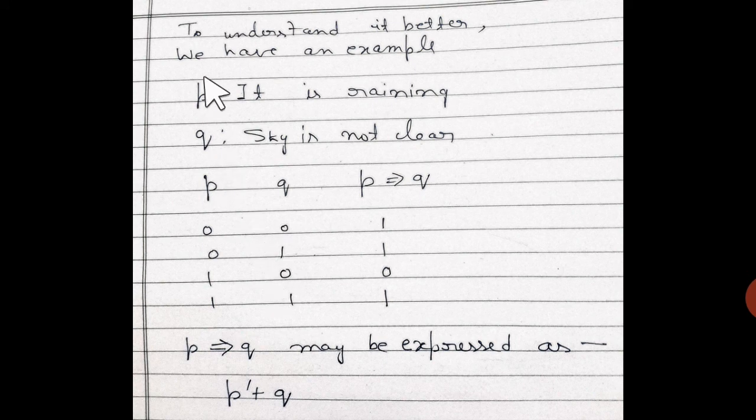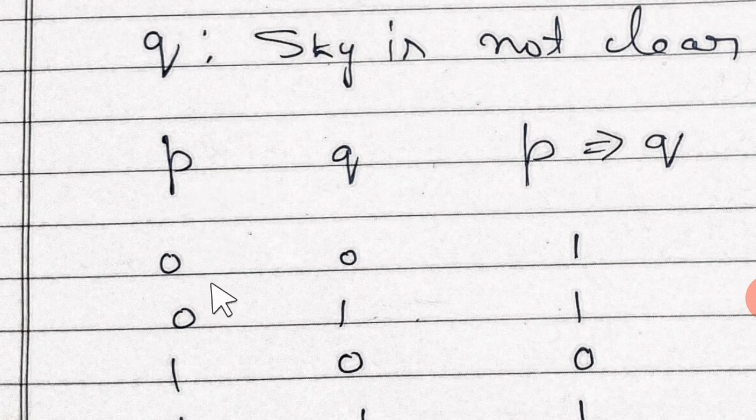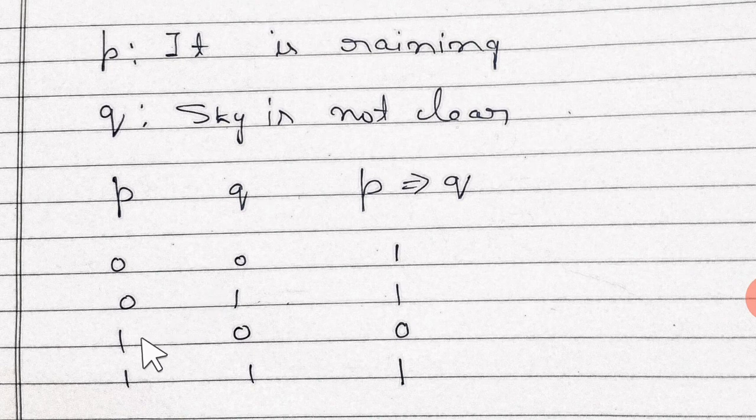Now students, we have one example in front of us where "it is raining" is the statement or proposition. The second proposition is "the sky is not clear." It's raining is represented through the variable P, and sky is not clear is represented through a boolean variable Q. Now the truth table with two variables P and Q representing these statements. Here you observe that whenever the combination is 0 0, 0 1 or 1 1, the output is true, and whenever P is true and Q is false, which is in row number 3, the output is 0 or false.